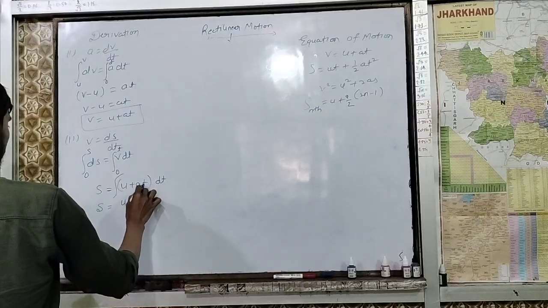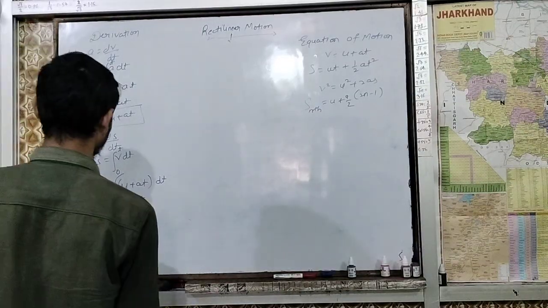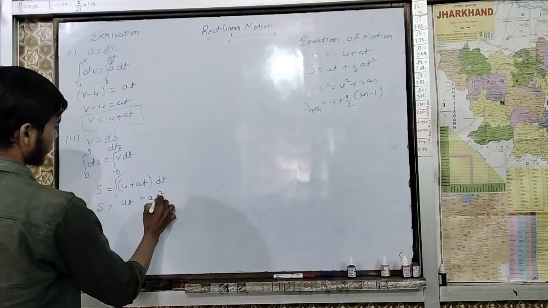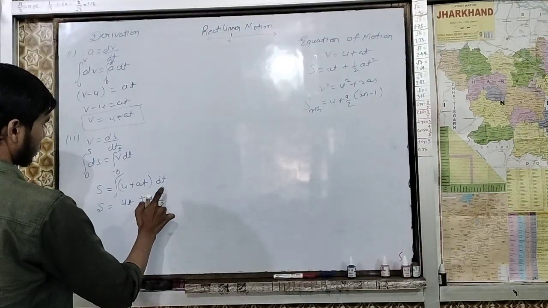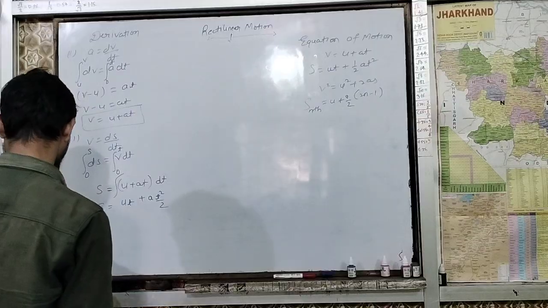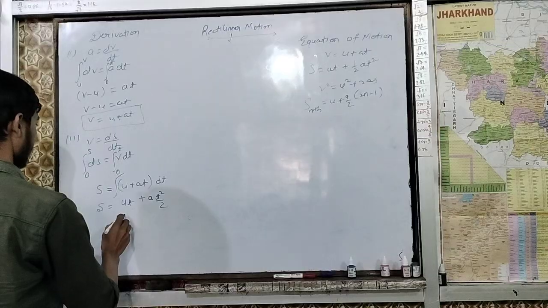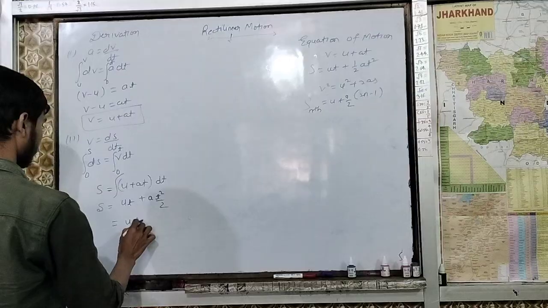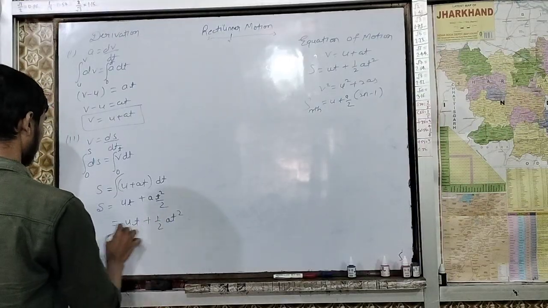Plus here integration of at, not a dt. dt will be t, but integration of at is nothing but at square upon 2. Now here t is common, ut plus 1 by 2 at square.